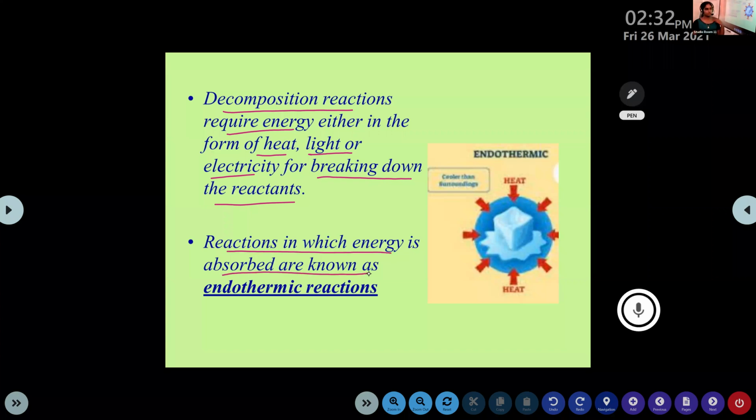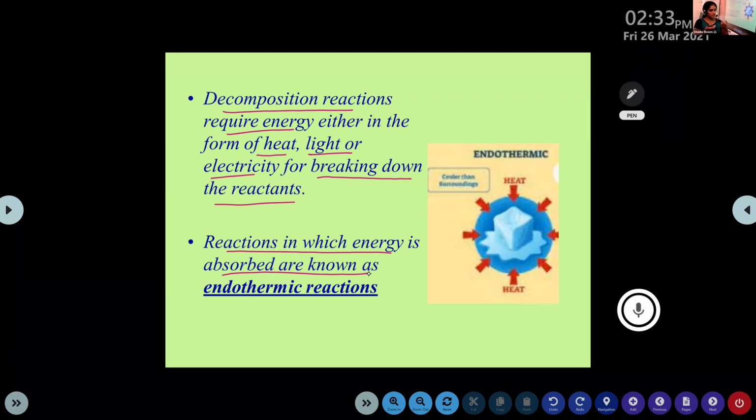Reactions in which heat energy is released. Such types of reactions are known as exothermic. It's in the word itself. Exo means outside, thermic means heat, so heat is released outside. Here, endothermic. Endo means inside. Thermic, heat or energy.